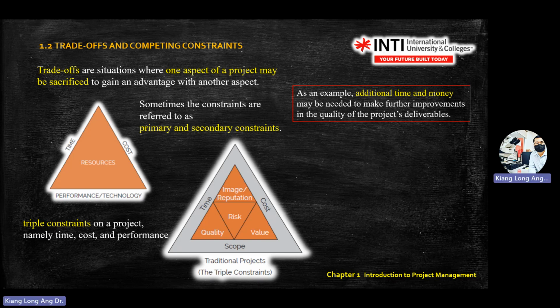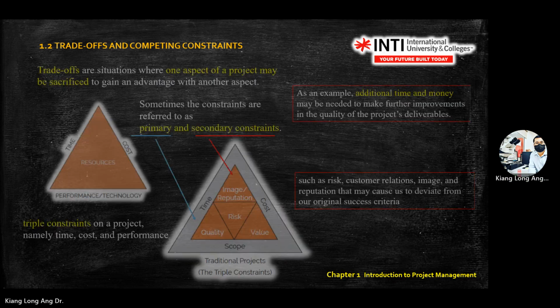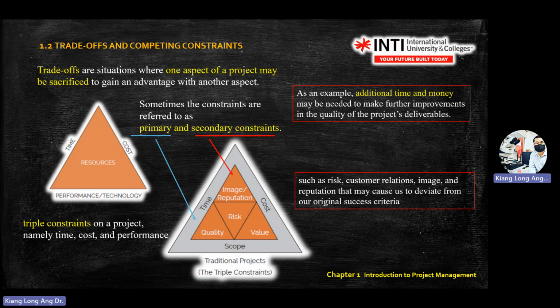Again, the secondary one depends on projects. Okay, depends on projects. What is important is you still stay with the primary constraints: time, cost, performance, technology. Inside, it depends on the statement you read in the question.